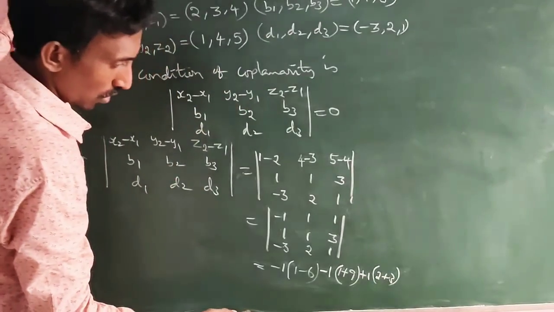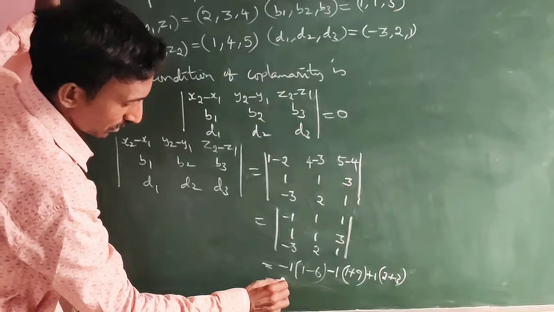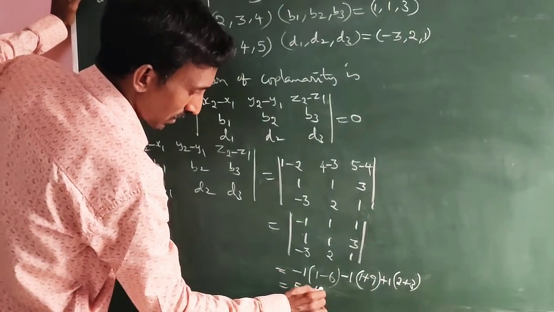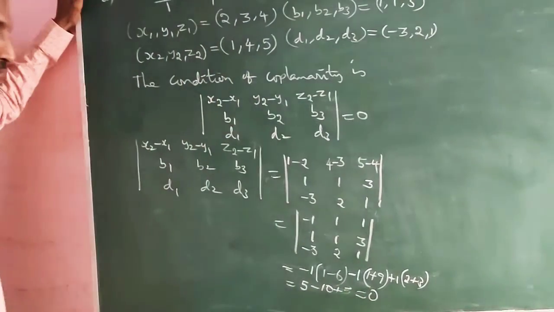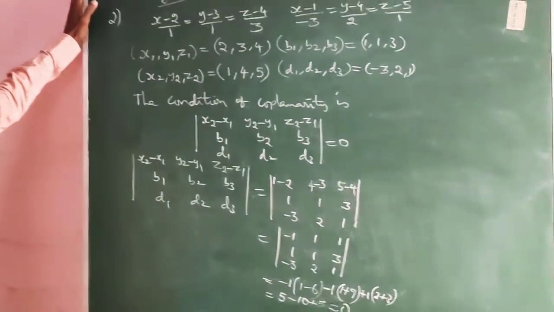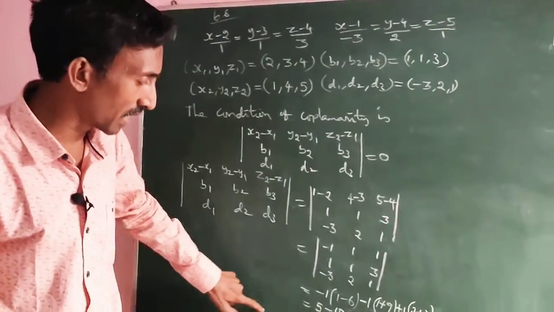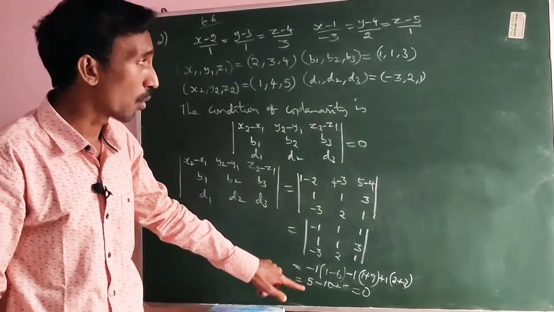Okay, so what we are getting? Minus 5 into minus, plus 5. 10 minus 10 here plus 5. So we are getting 0. 10 minus 10 is 0. Therefore, the given two lines are coplanar. Write the conclusion here. Therefore, the two lines are coplanar.